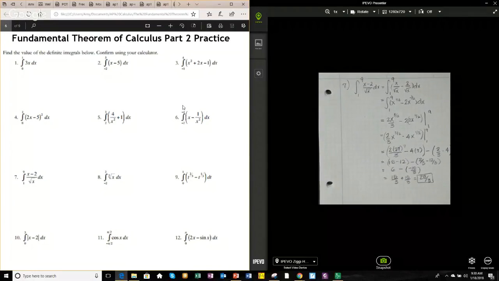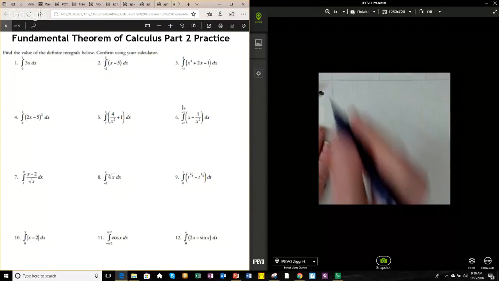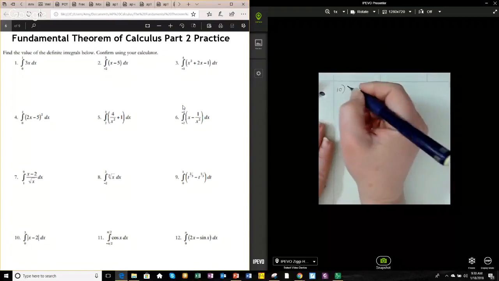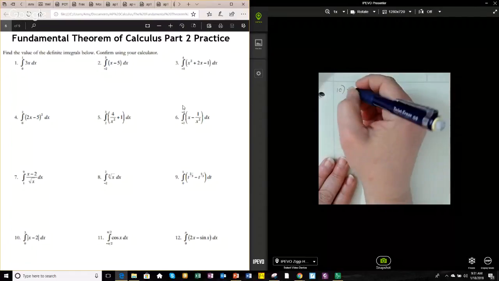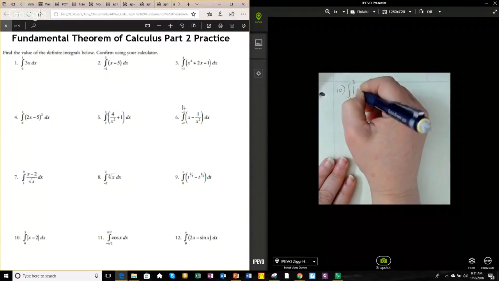Let's see what another one that I like here. Oh, yes, I like number 10, because I think you can do the other ones here. All right, so number 10 is the integral from 0 to 3 of the absolute value of x minus 2.